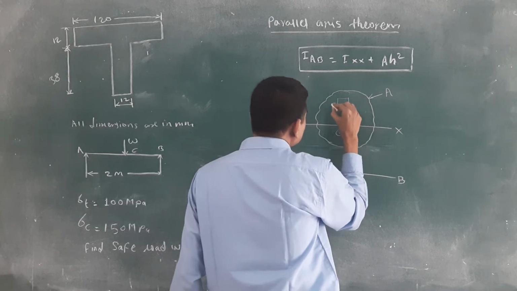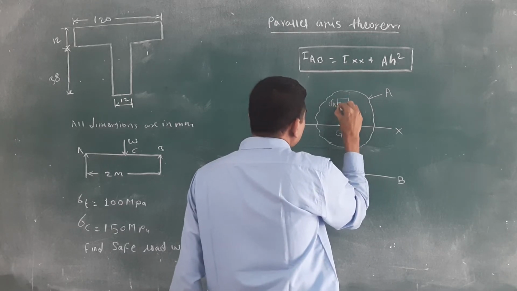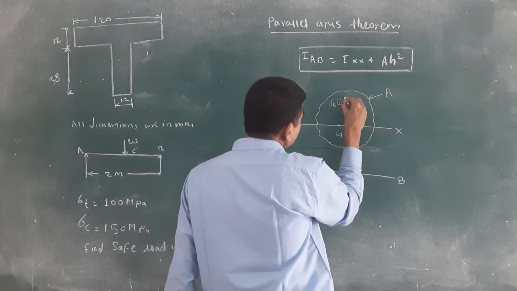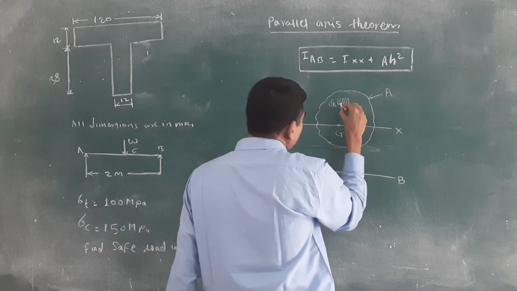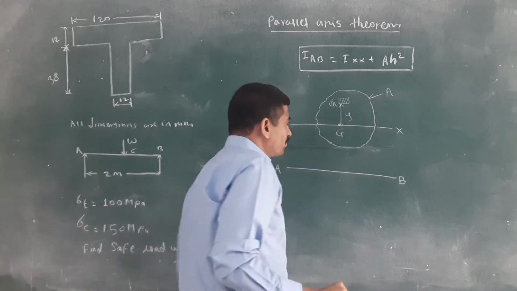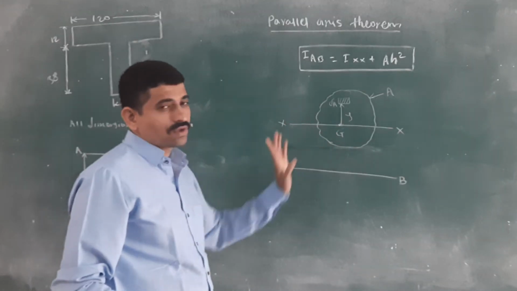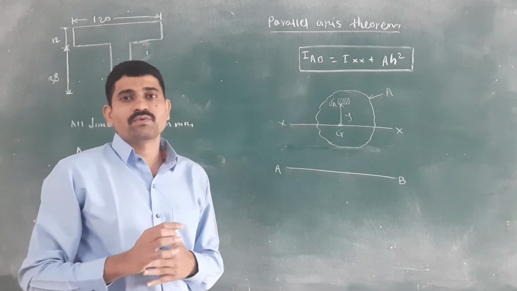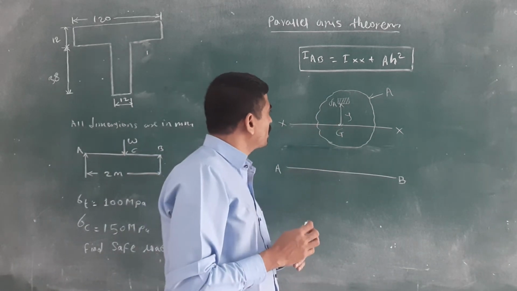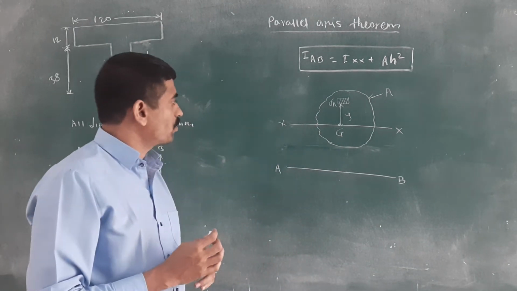We consider a small element of area delta A, and you have to calculate that distance. This distance always varies, and you will get different values y1, y2, y3, y4 in the given component.